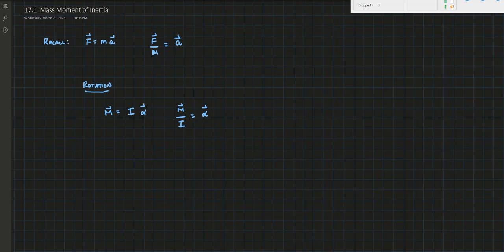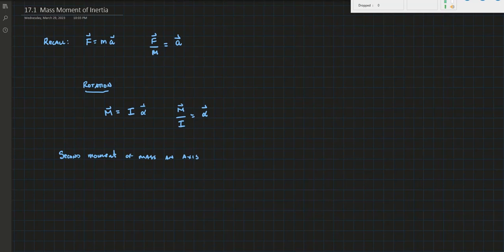So this moment of inertia is really the second moment of mass about an axis. That's the more mathematical definition of this.